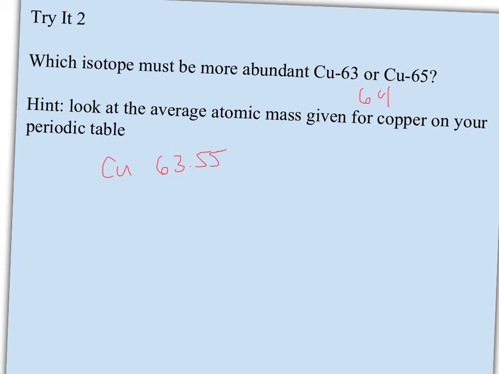If I think of this as a teeter-totter, if it was balanced between copper-63 and copper-65, the mass would be 64. But we are way over to the copper-63 side. So that tells me copper-63 must be much more abundant to move that average much closer to copper-63. You may remember the definition says that if you round off the average atomic mass, that will be the mass of your most abundant isotope.